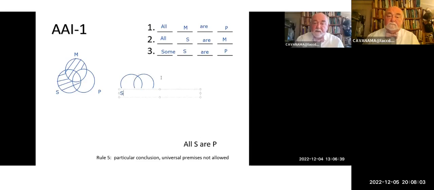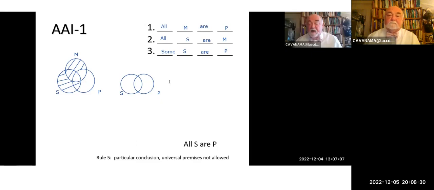We have to be able to say that there's at least one S, and it is a P. Okay, now how are we going to do that? Well, we're going to do that by using an X, aren't we? Because it's a particular proposition. We have to decide where to put that X. But the thing is, do we have an X at all in the complex diagram? No, we don't. There's none in there.